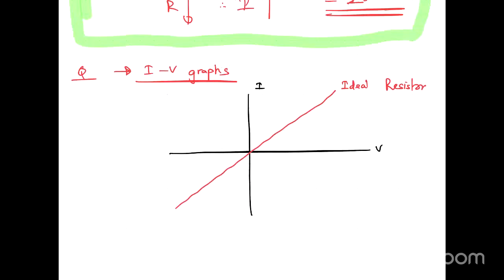In normal cases, we cannot find these ideal ones. And the next one is for the filament bulb. So it will have a shape like this. And the last one is for the diode.